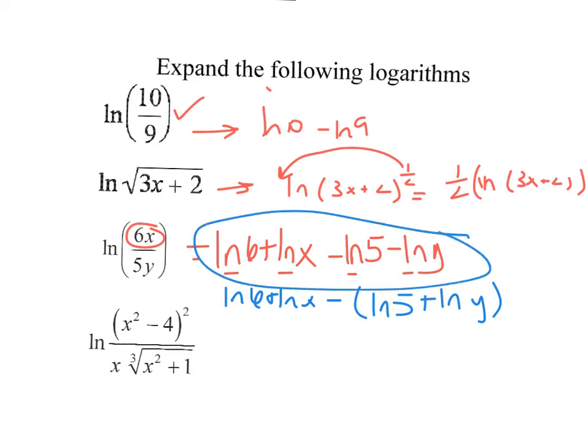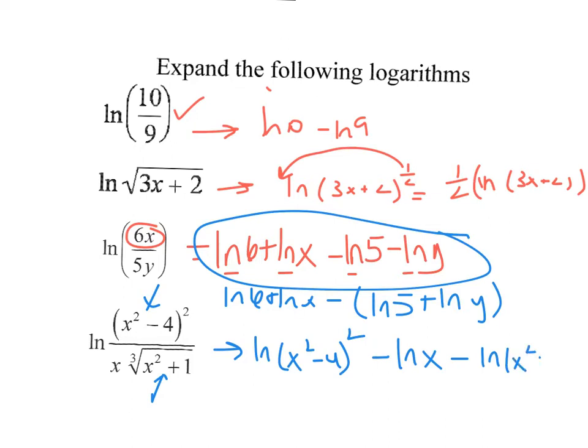Okay, the next one, it's a little bit more complicated because you cannot do a lot on the things that are on the inside. Again, you can't distribute an ln through, so just be careful of that. So I would personally start by writing it as ln of (x squared minus 4) squared minus ln of x minus ln of (x squared plus 1) to the 1/3, okay?